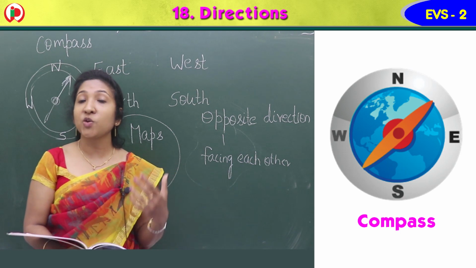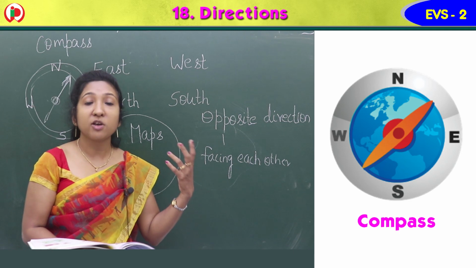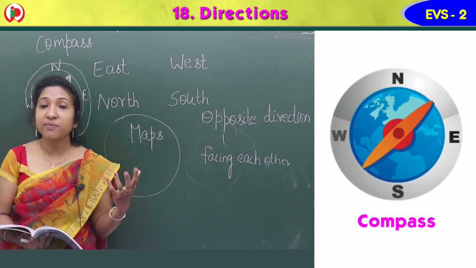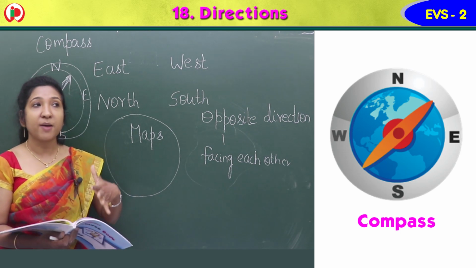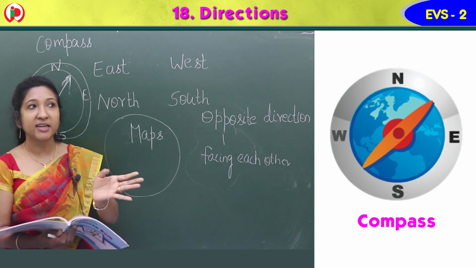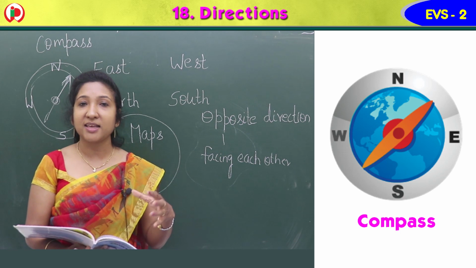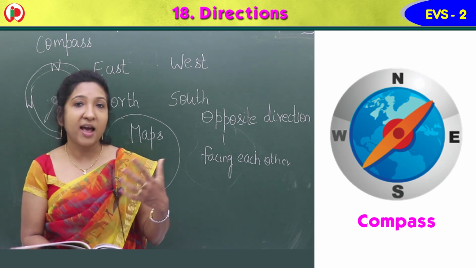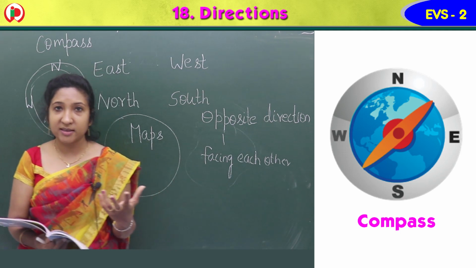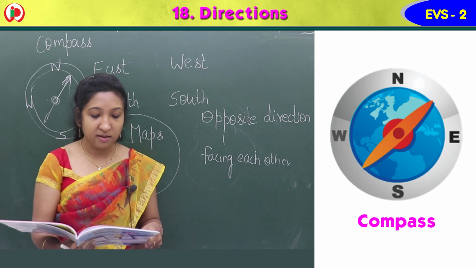When you explain the way to your house to your friend, suppose your friend wanted to come to your house, you tell him from the hospital or from the kirana shop, you have to come straight, then turn left, then right. So we use these words: straight, left, right, up, down. These are also directions, isn't it?